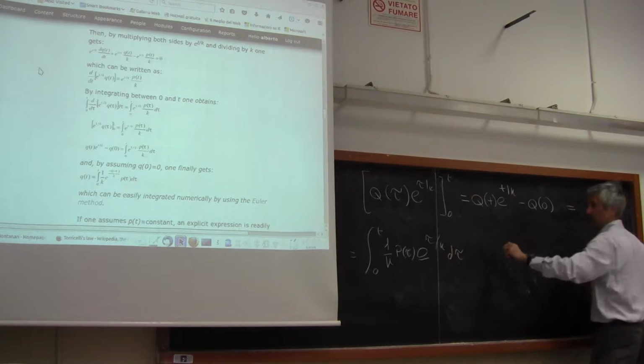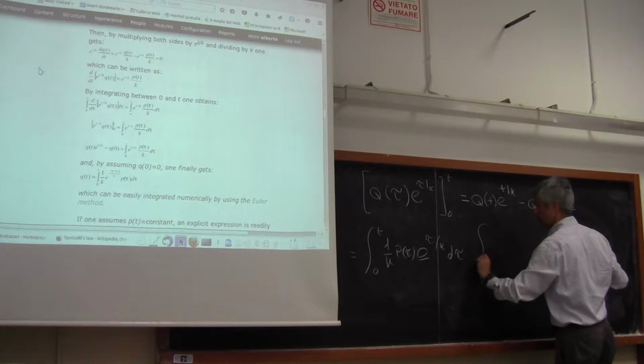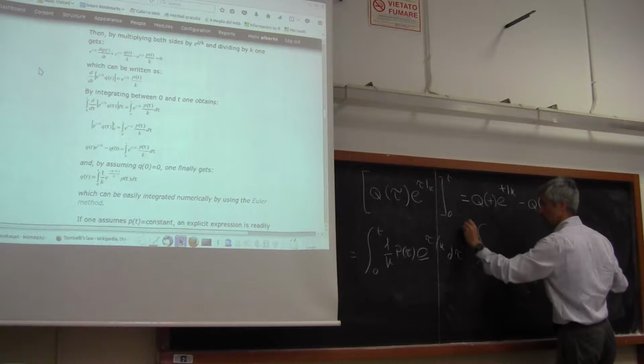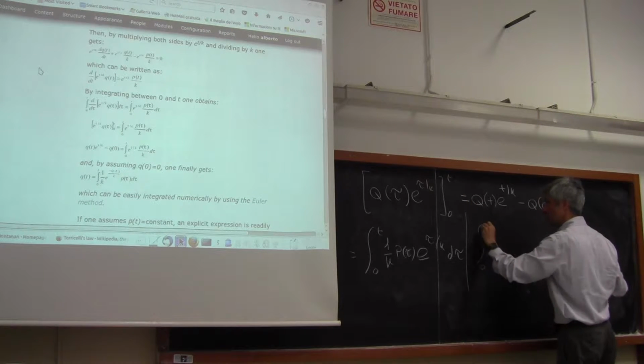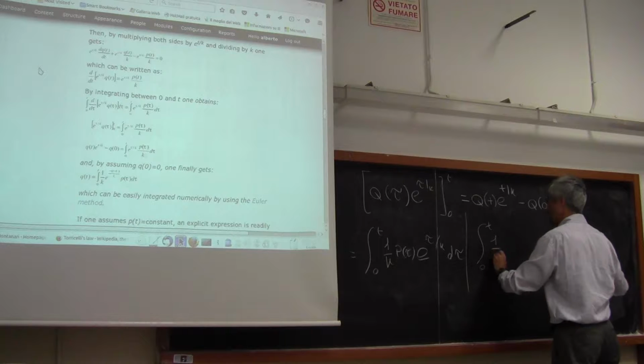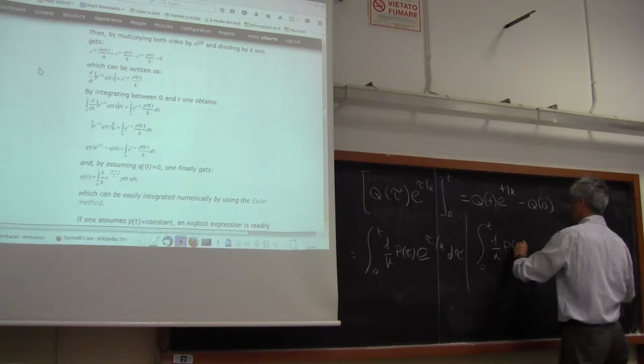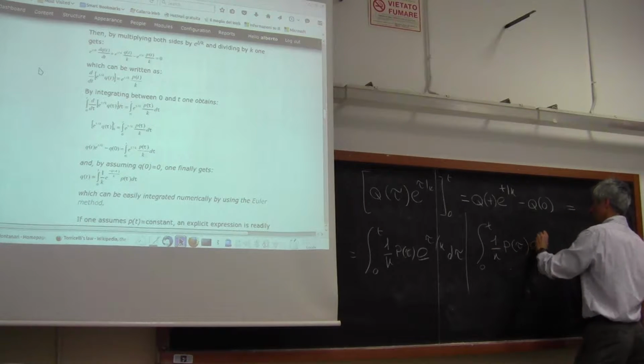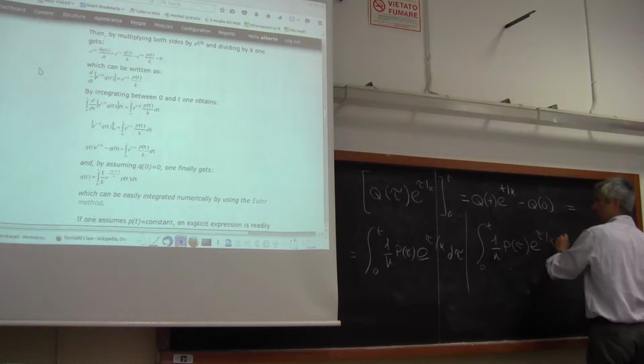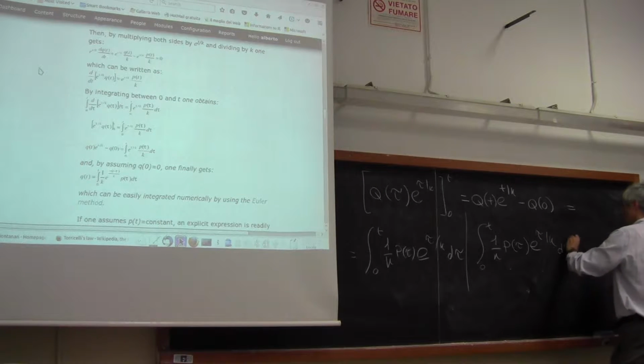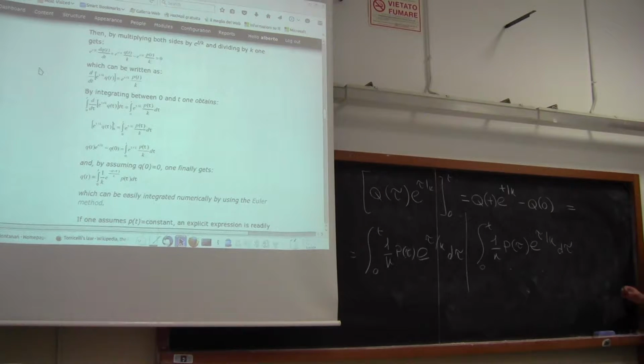Equal to, again, the integral, unchanged. Integral between 0 and t of 1 over k, p(tau), e to the power of tau over k d tau. Okay. Perfect.